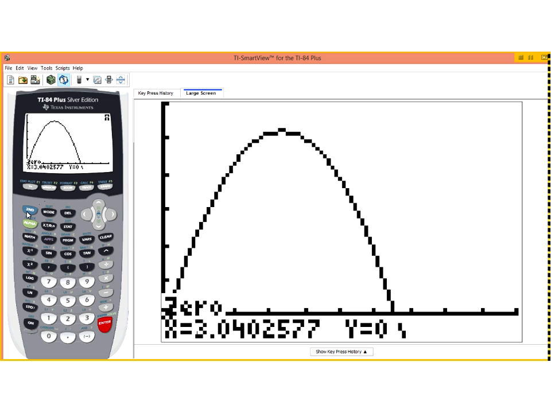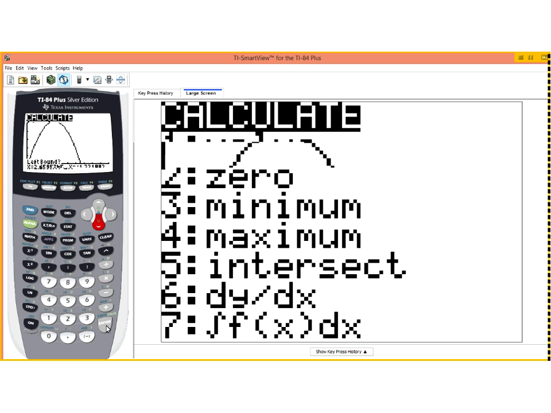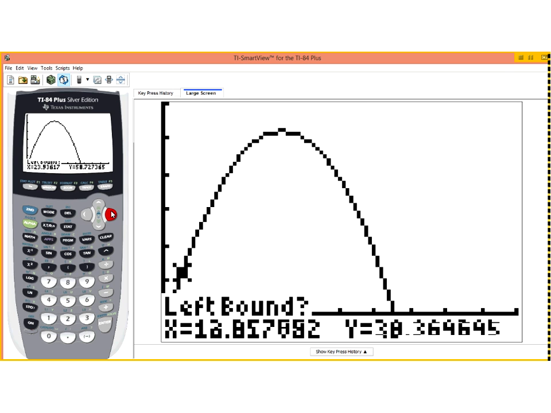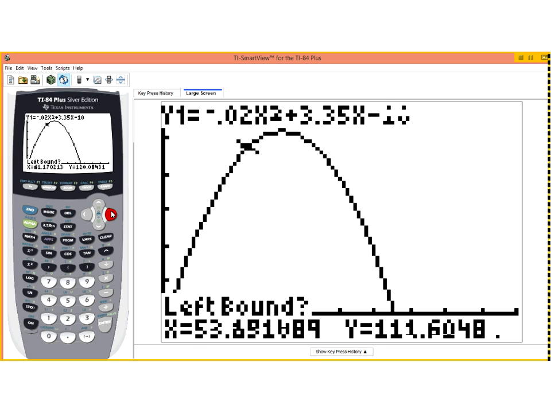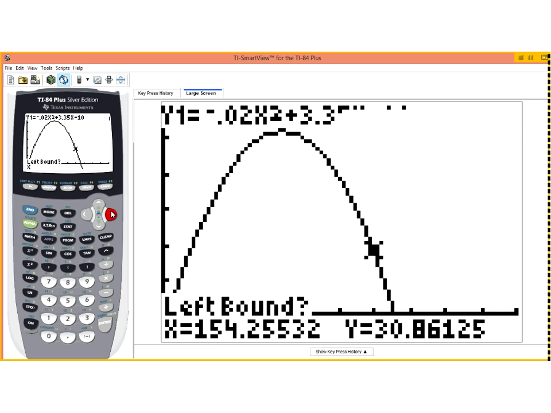I need to find this other break-even point. So I go back to calculate, choose 0. Now it wants to know my left bound. I'm going to use the arrows this time because I don't really know what values to type in. Whoops, too far. Okay, so I am to the left of that break-even point.